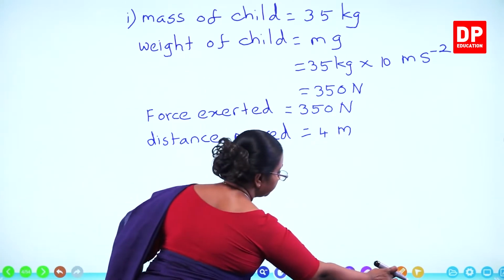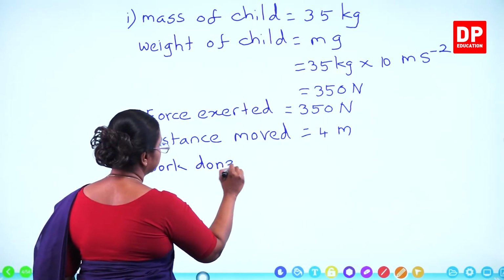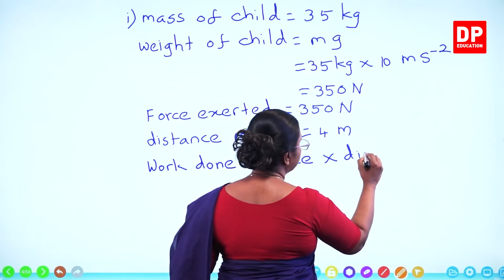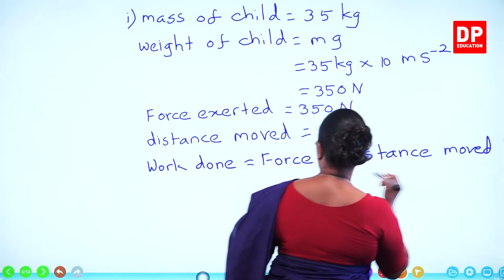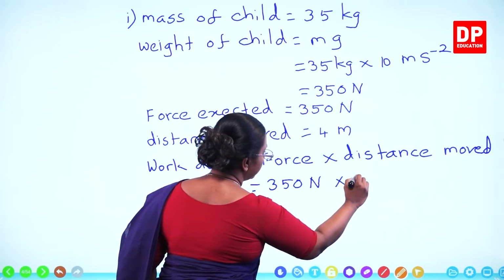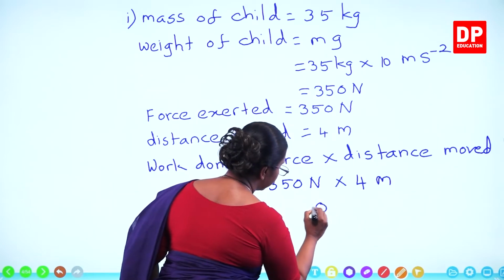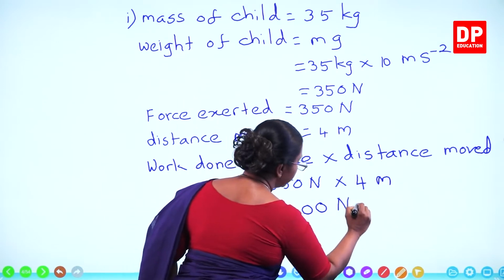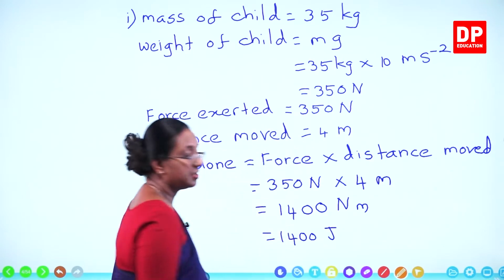So therefore, work done, force into distance moved. So that is going to be 350 Newton into 4 meters. Again, if you calculate, 1400 Newton meters, or that will be equal to 1400 joules.